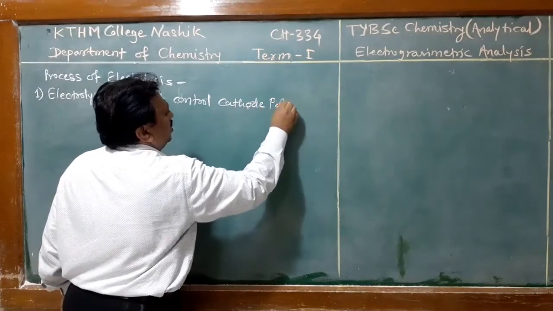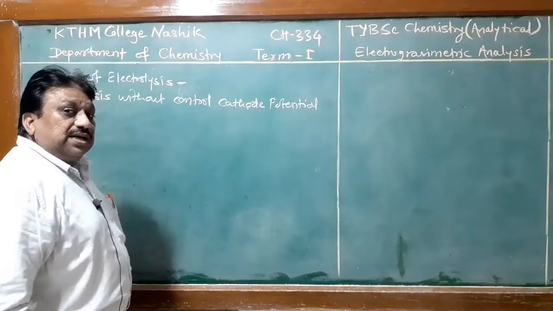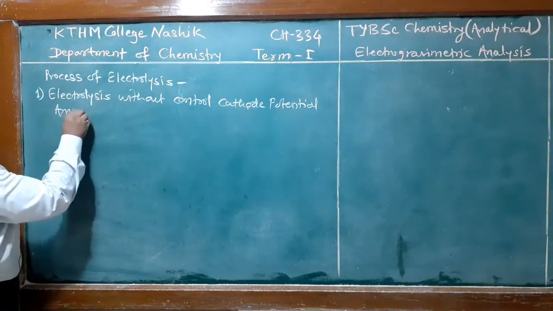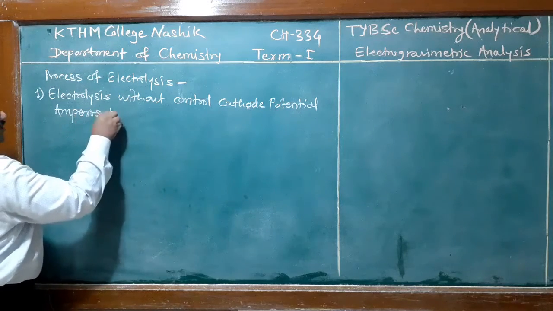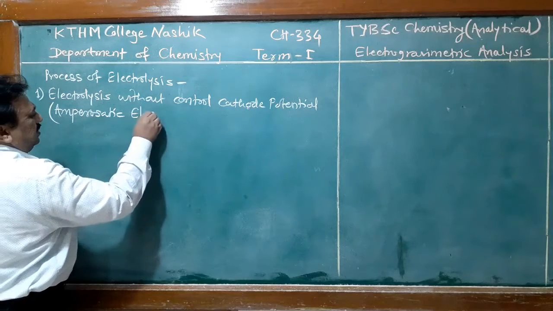Here the potential of the working electrode or cathode is not controlled, but current is controlled, and therefore it is called amperostatic electrolysis.